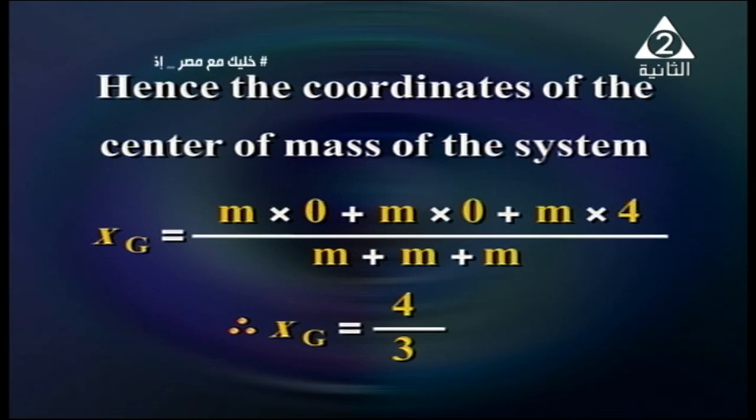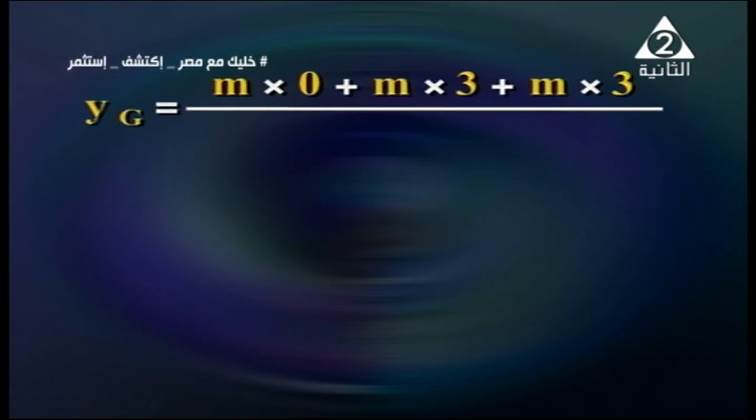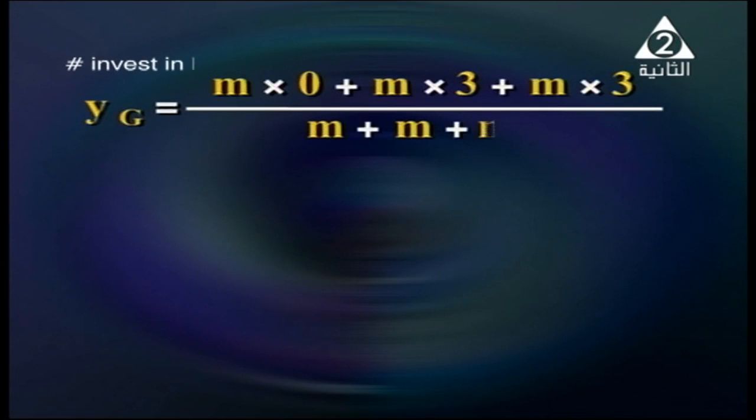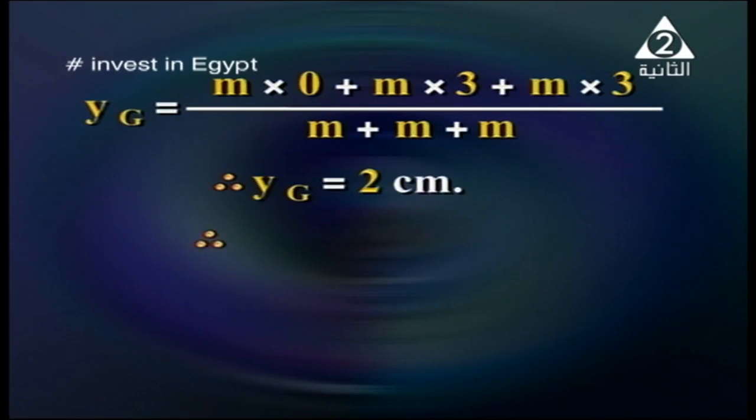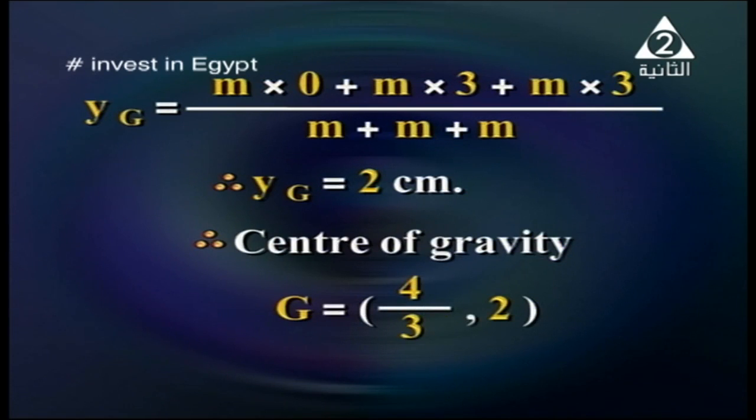By the same method, find yg equals M times 0 plus M times 3 plus M times 3 over the sum of the 3 masses, then yg equals 2 centimeter. Then the center of gravity equals (4/3, 2).